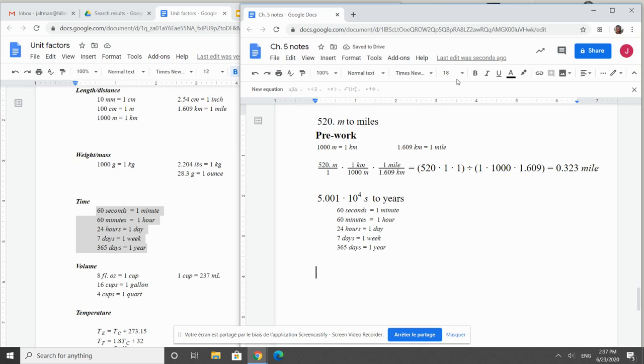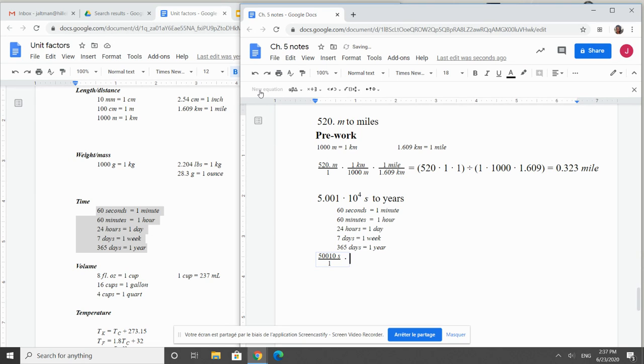All right. So I will start by taking what is in the question and putting it over 1. I'm actually going to go ahead and take this out of scientific notation, just to make it easier to put in my calculator later. You could leave it in scientific notation, and that is also correct.